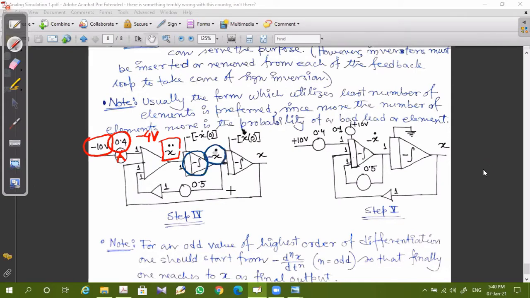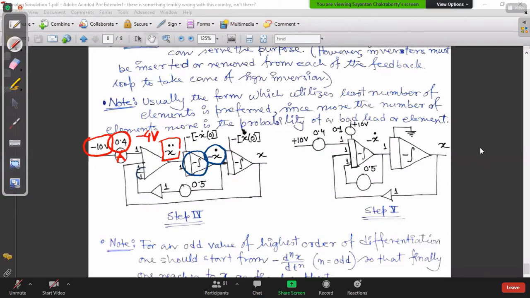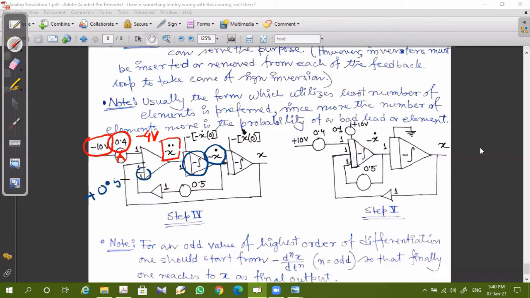But our equation demands that this x double dot is nothing but plus minus 0.5 x dot. So what we have to incorporate here at this point is plus 0.5 x dot. This is already minus x dot into 0.5, so minus 0.5 x dot.